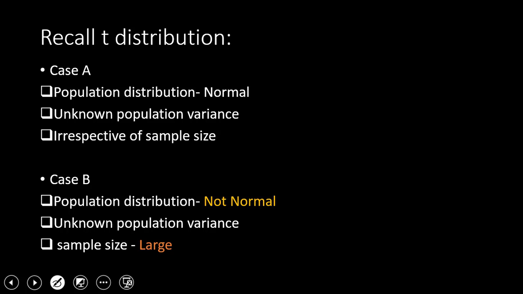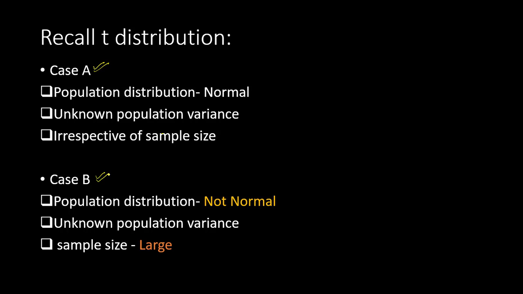As you recall the T distribution, in the last class we discussed that we are going to use the T distribution if our example falls in either case A or case B. Let us just recall.